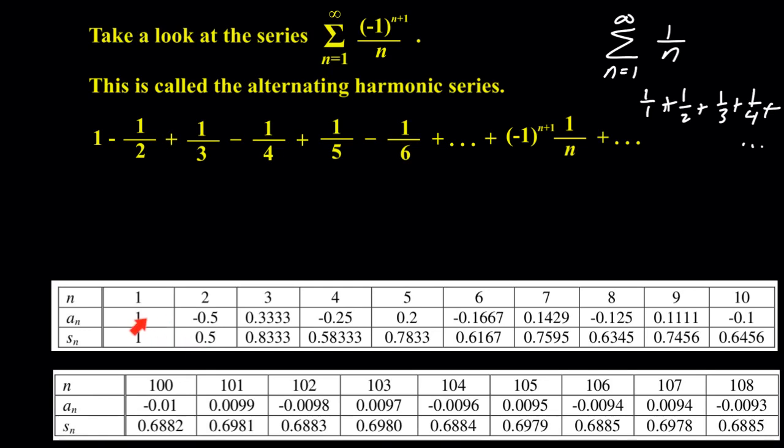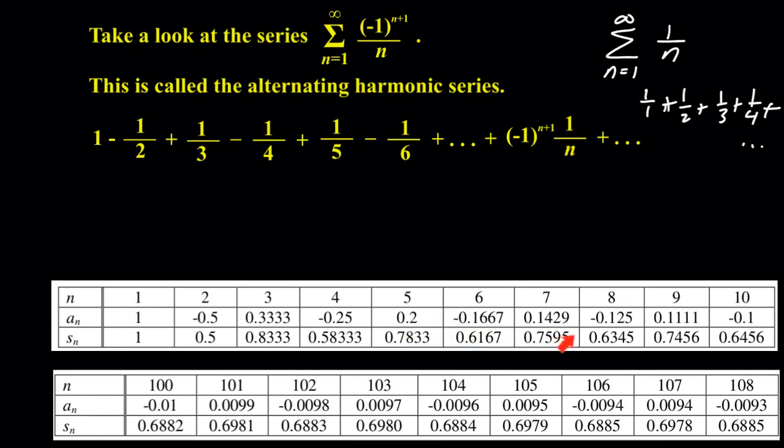Well, positive 1 plus negative 1/2 adds up to 0.5. If you add the next term, you get 0.833. Adding the next term will give you 0.5833. Adding the next term gives you this. Adding this gives you this.